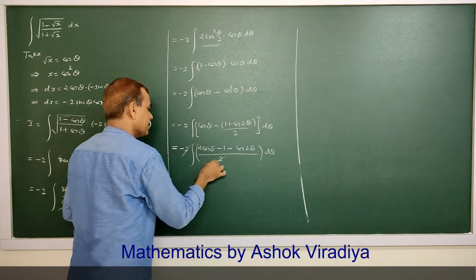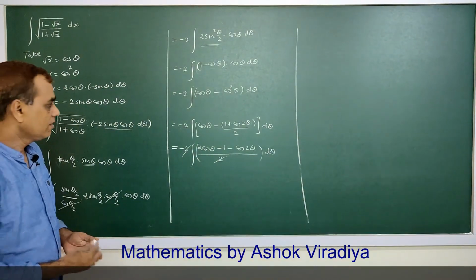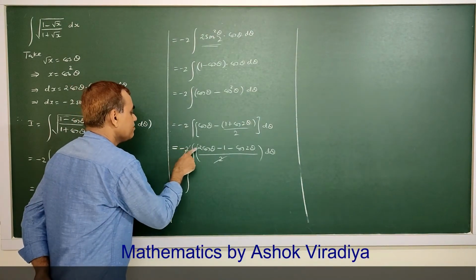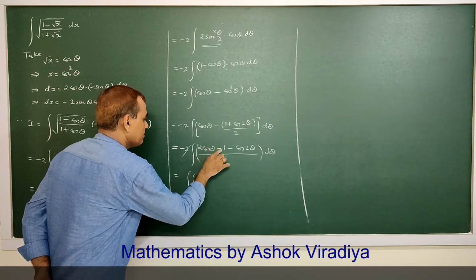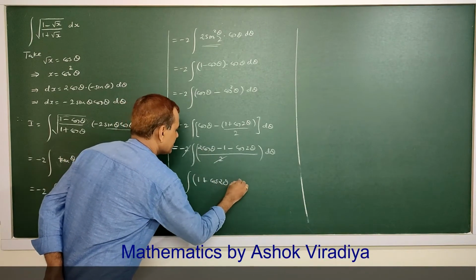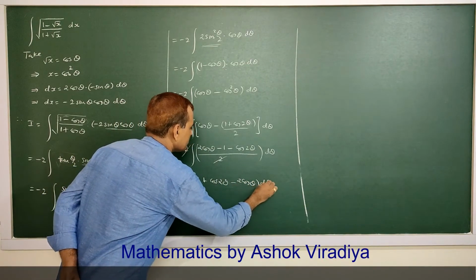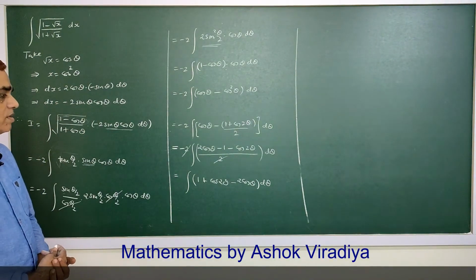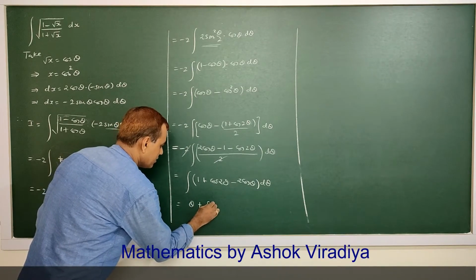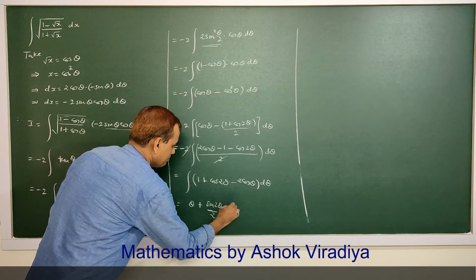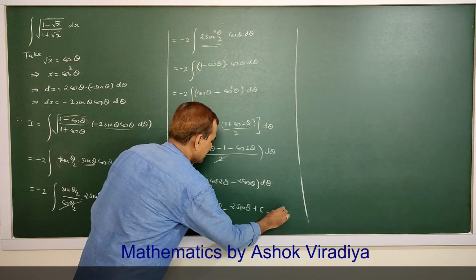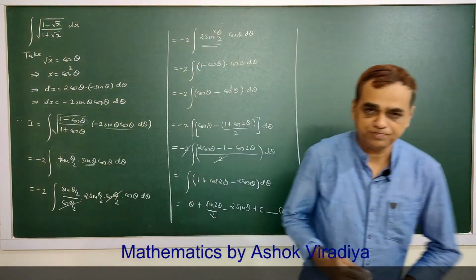So this 2 will be cancelled. That is the integral of, now I am including this minus sign inside, so this will be plus, this will be plus, this will be minus. So it is integrable. Its integral is theta plus sine 2 theta by 2 minus 2 into sine theta plus c, we say this is equation 2.